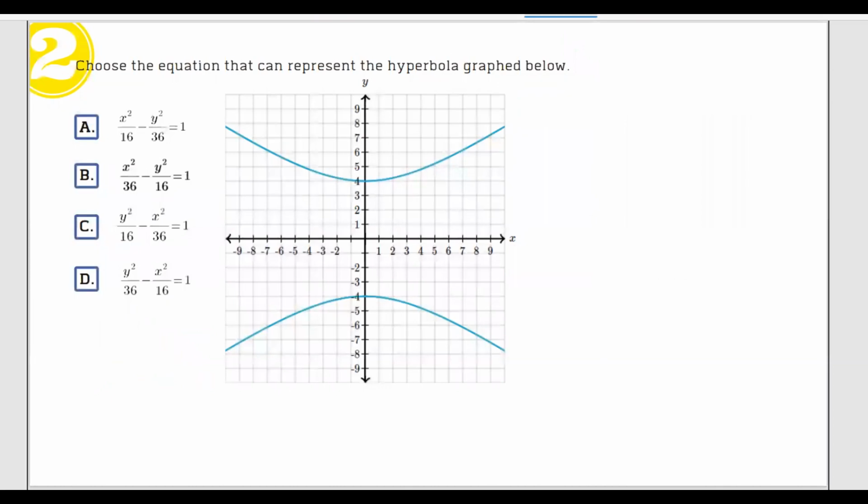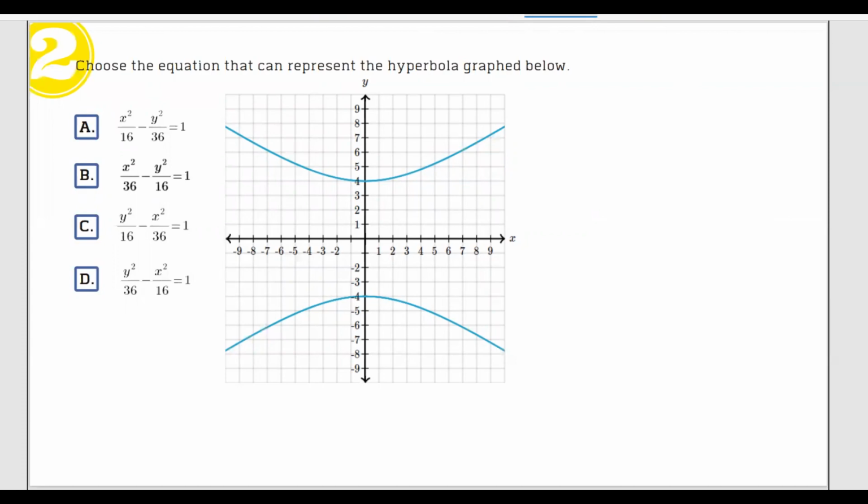Next, problem number 2. Choose the equation that can represent the hyperbola graphed below. So now we're given these equations and one graph. We already know that when a hyperbola is situated on the y-axis, as it is here in this graph, the y term is going to be positive.